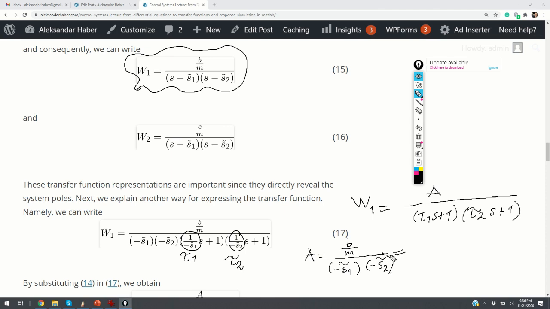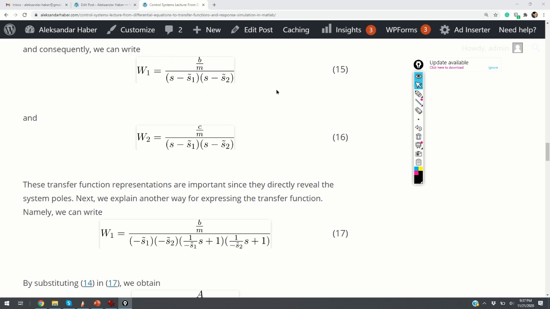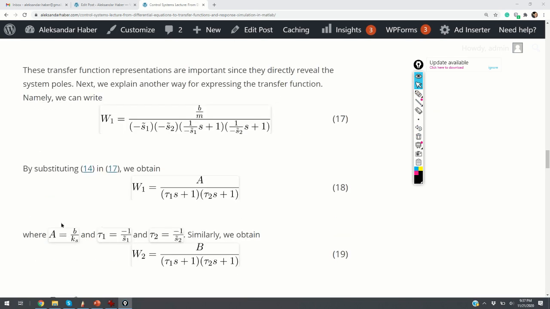Now, after some massaging and taking into account the derived expression for s1 tilde and s2 tilde, remember that s1 tilde and s2 tilde are zeros of the original polynomial in the denominator of the transfer function, we will obtain that our expression for a has the form equal to this term. That is, a should be equal to b over ks.